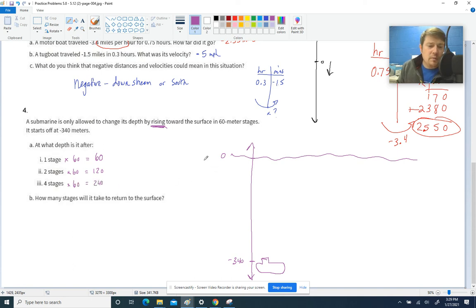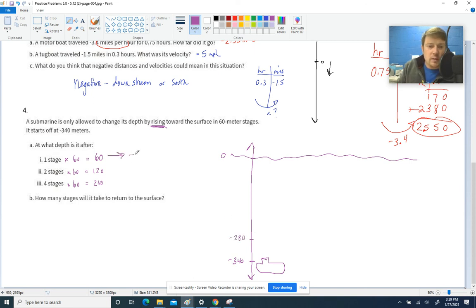But you could also think of this as 60 going into this negative 340 and telling you where you're ending, right? So you could also think of it as 340 dividing by 60 to tell us how many it's going to take to get to the surface, especially for this last question. So if I went up 60 from there, this would be negative 280 for the first stage, right?